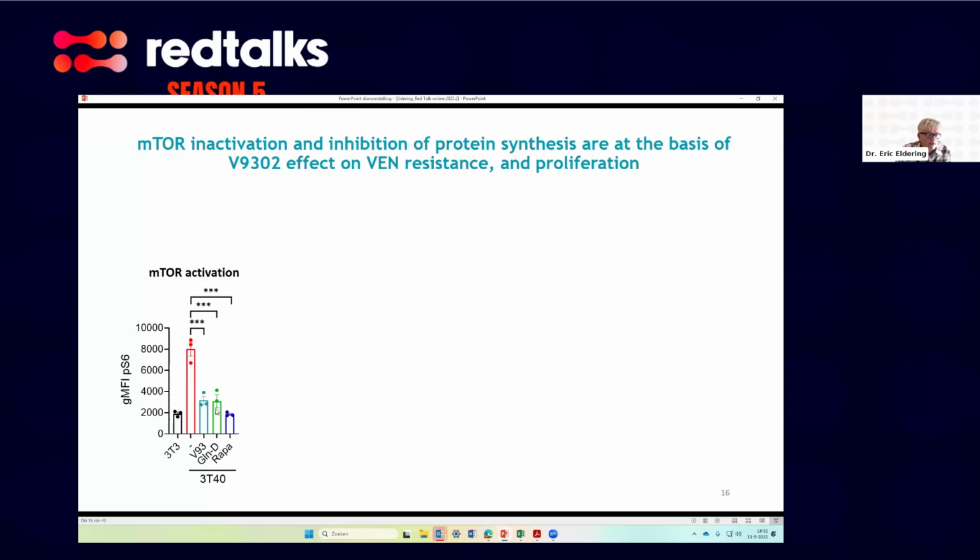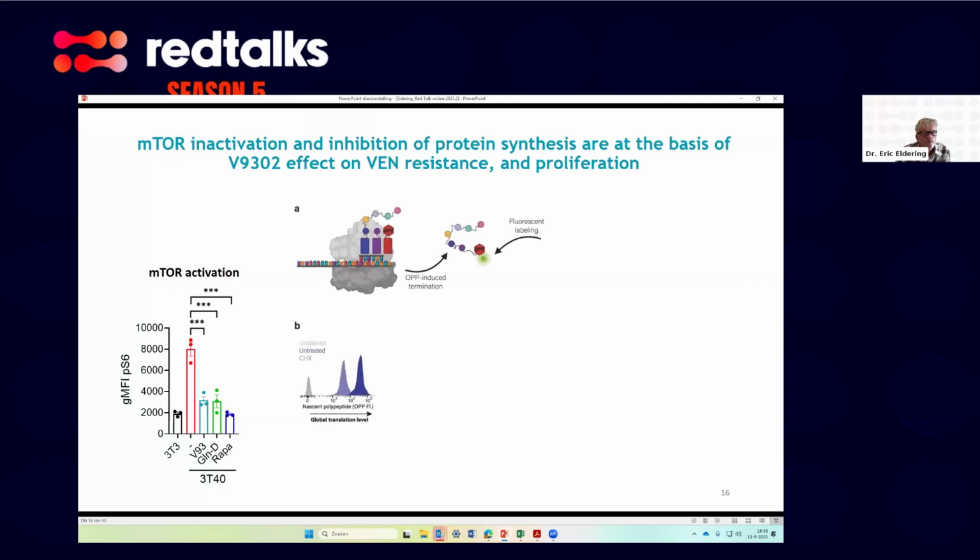If we deplete glutamine or we use the inhibitor, the activity goes down again. And as a control, we use rapamycin, which is an inhibitor of mTOR, and that is expected to go down again. So indeed, V9302 and glutamine deprivation have strong effects on mTOR activity, probably via this leucine exchange, which I just mentioned to you.